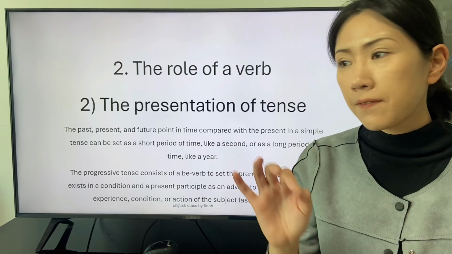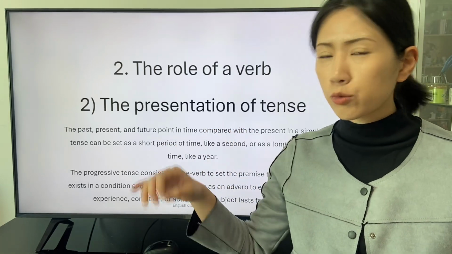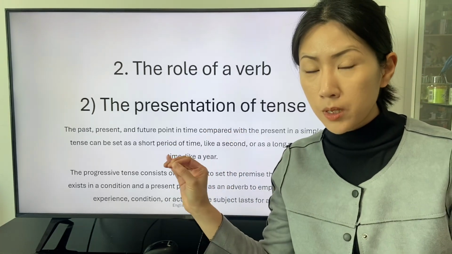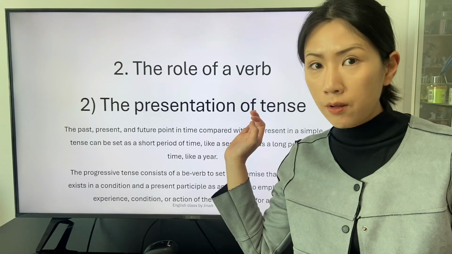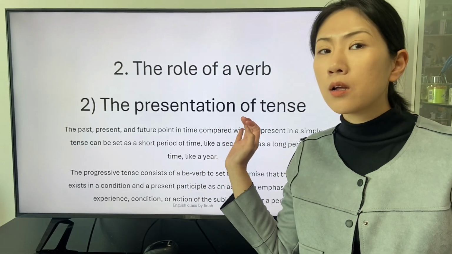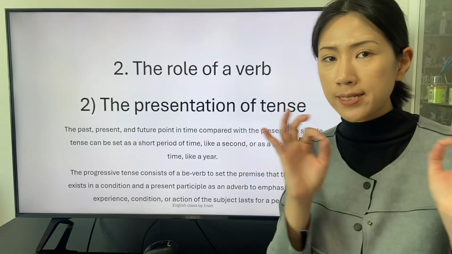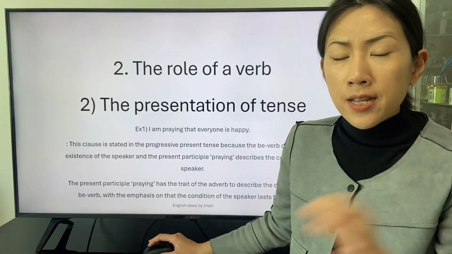The existence of the subject is described by the be-verb to consist a phrase of the verb applied in the progressive tense. There is an exemplary clause.